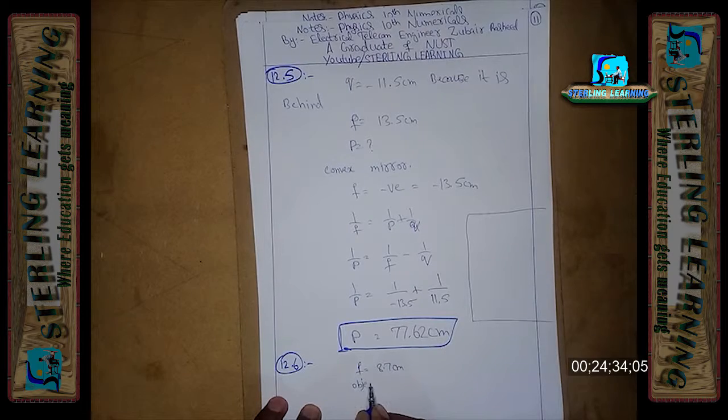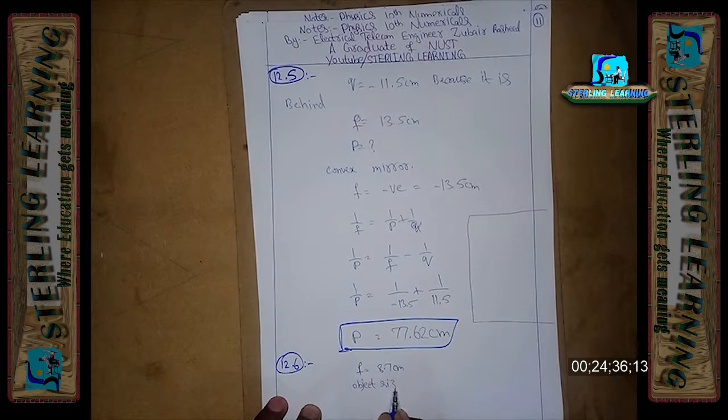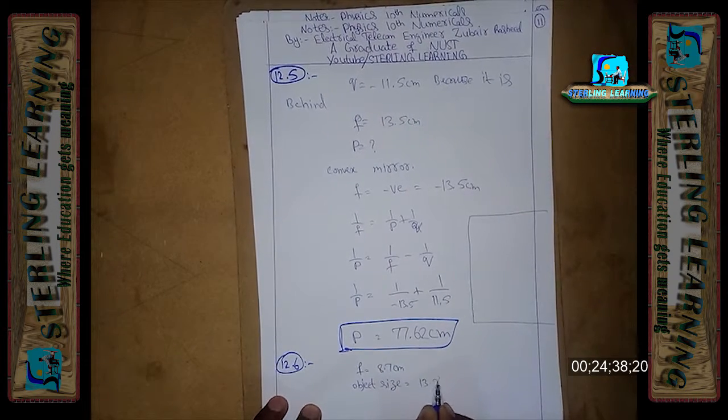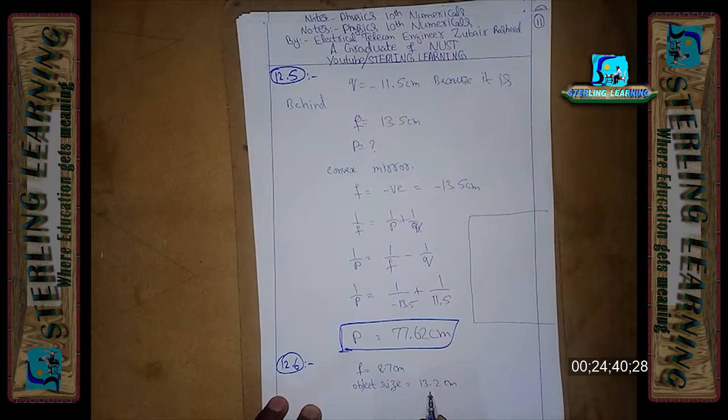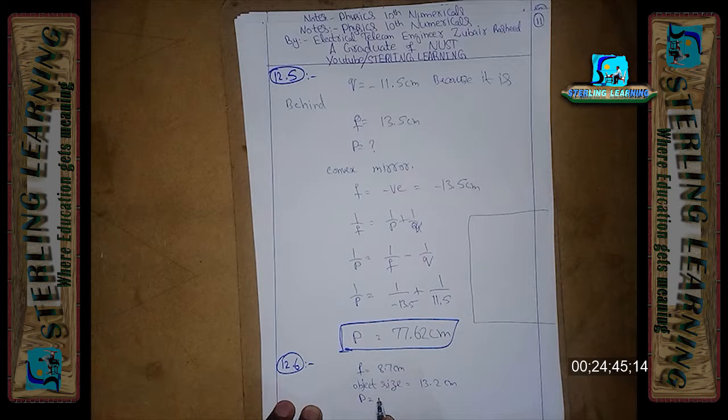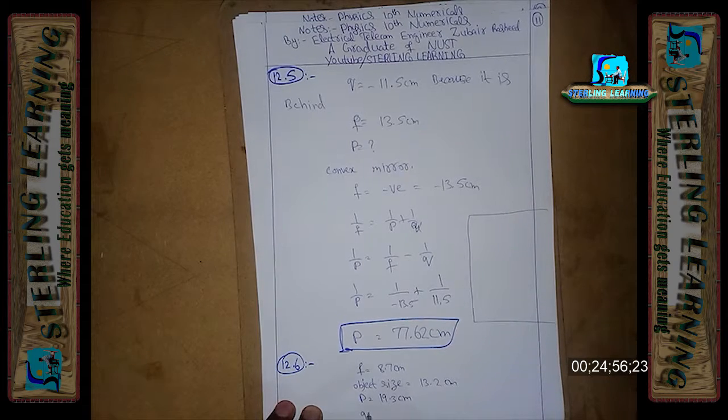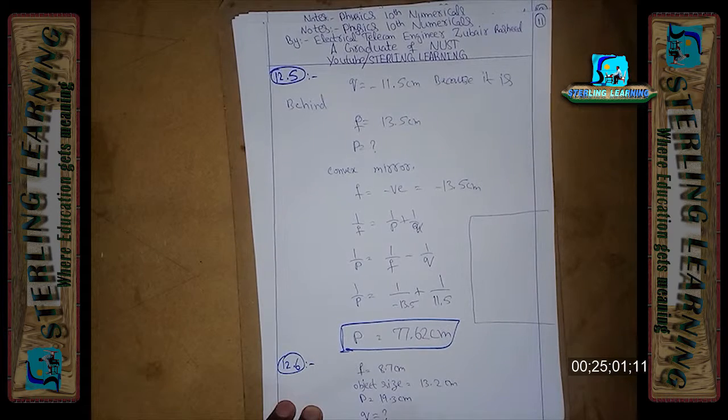Object size 13.2 centimeter. P is 19.3 centimeters. So we need to find the Q and height of image.